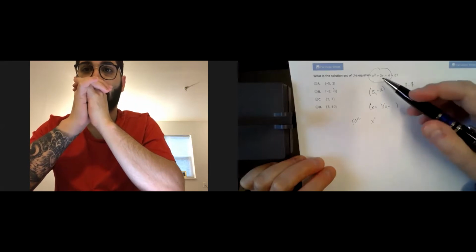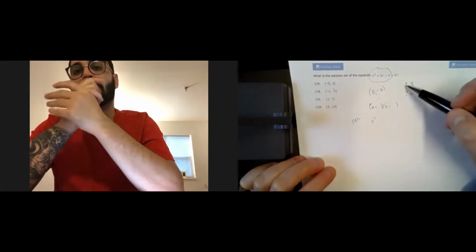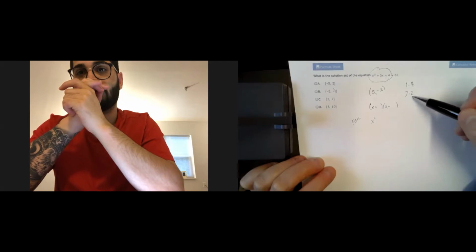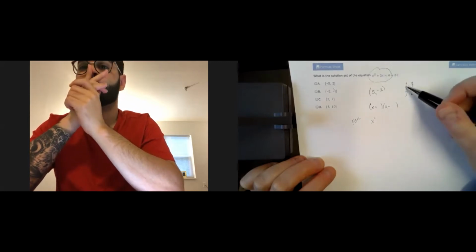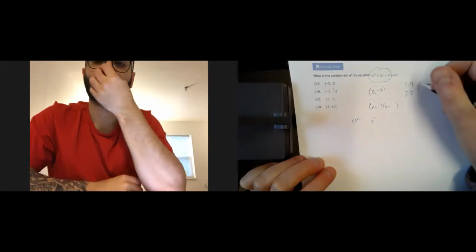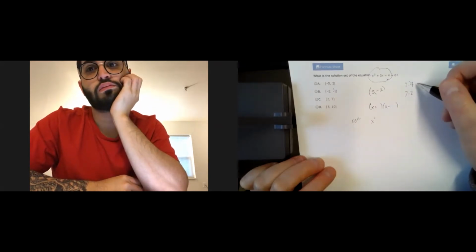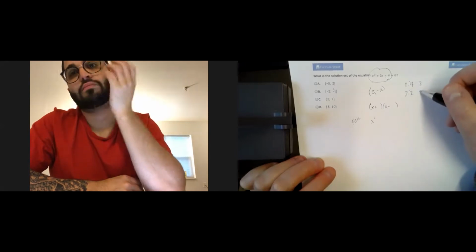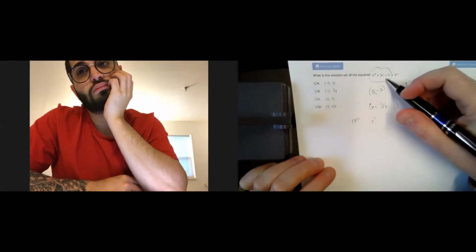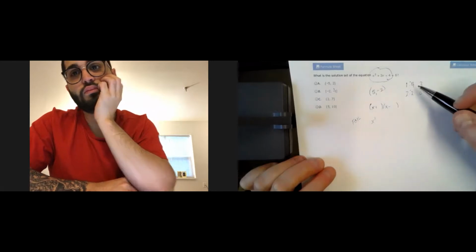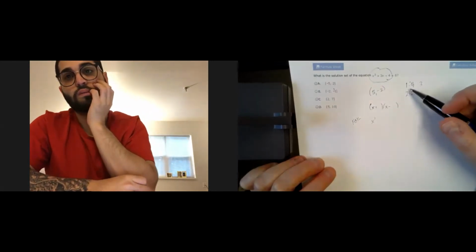So then, to get the middle number, you have to be able to add these two and get the middle number. So in this case, 1 and negative 4 is negative 3. 2 and negative 2 is 0, because you don't want to forget that negative right there. So we're going to be dealing with 1 and 4, right?